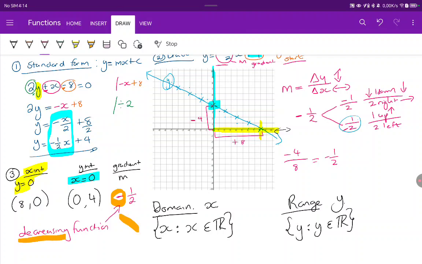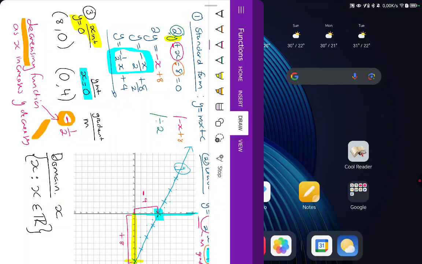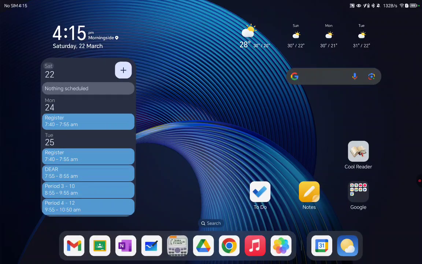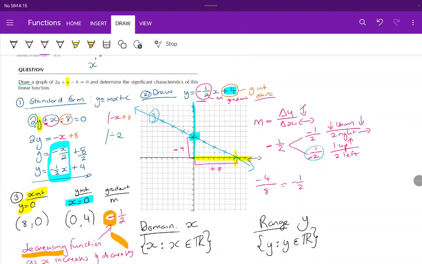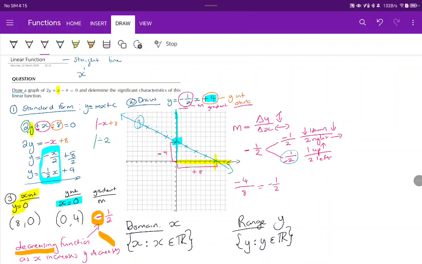Since it's a decreasing function, it means that as x increases, y decreases. Okay, so this is a quick recap of the linear function.